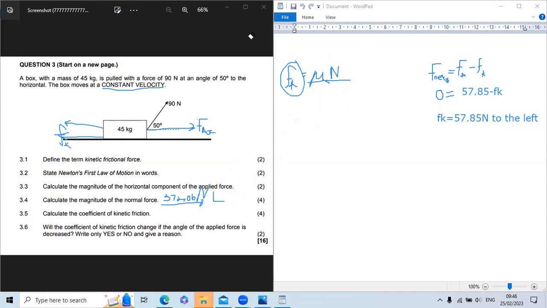Then we're going to end up with our mu k is equal to 57.85 on top, and below we're going to have 372.06.